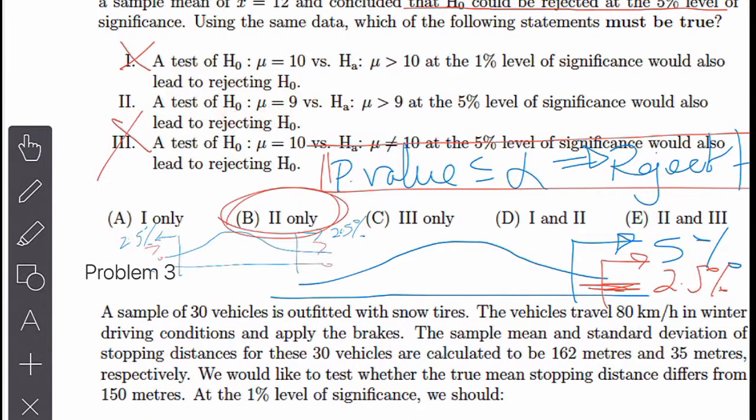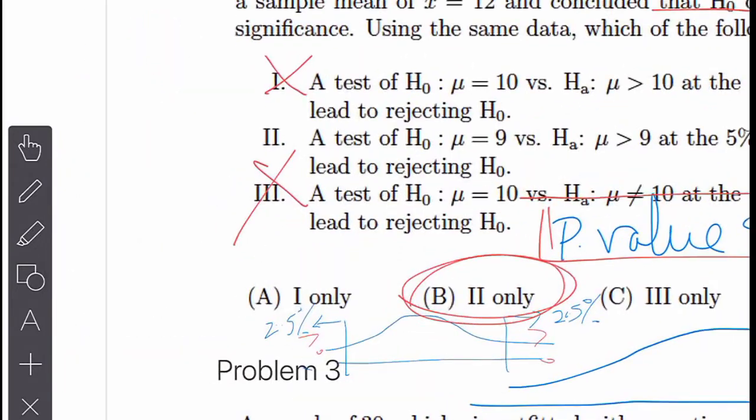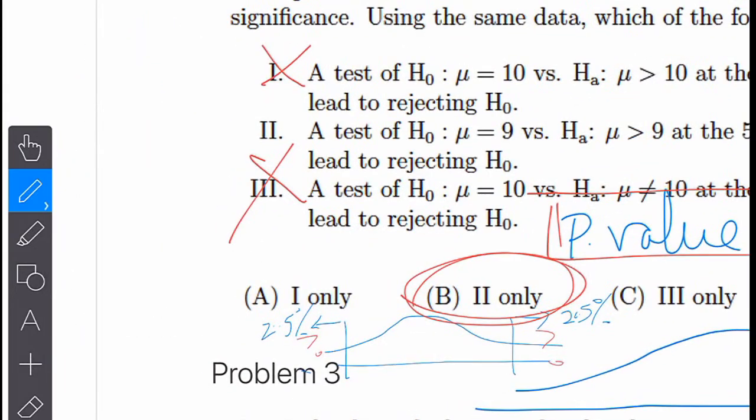Here it was centered at 10. So what you do to get the test statistic changes with this second option. The test statistic is calculated as x bar minus the hypothesized mean divided by sigma over root n, the new standard deviation.